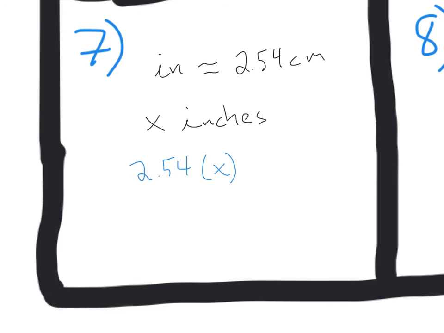Then the last step says to estimate the number of centimeters in 12 inches. So here my x equals 12. And we can evaluate. And we remember evaluate means to substitute and solve. So we're going to do 2.54 times that 12.